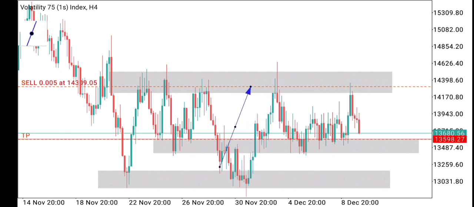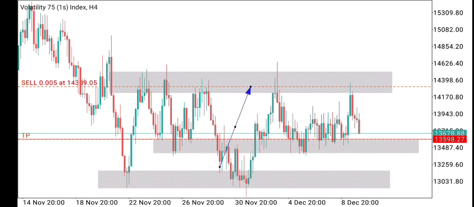Now when it comes to entry, I use two ways of entering the market. I can use candlestick information as my signal to sell, and I can use aggressive entry. The candlestick information is that I want to see a reversal pattern.